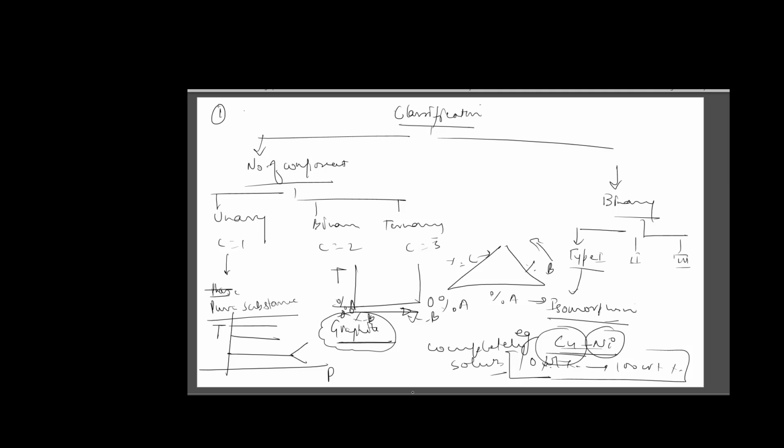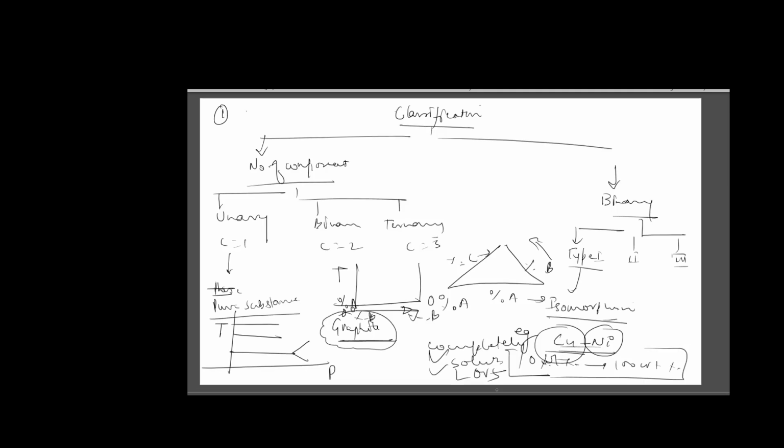Type 2 is materials that are completely soluble in the liquid state but partially soluble in the solid state. In liquid, yes, they are completely soluble, but in solid they are only partly soluble. This is eutectic.